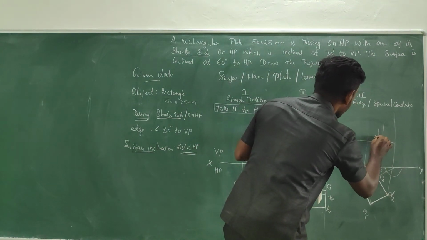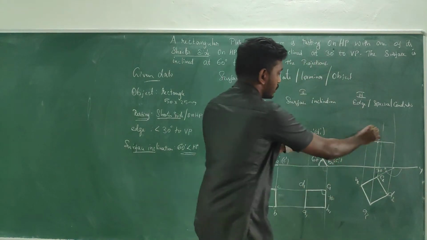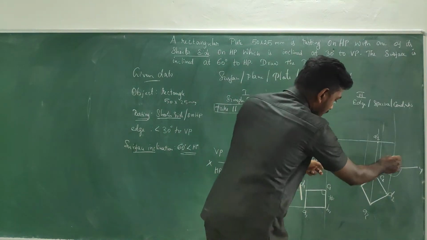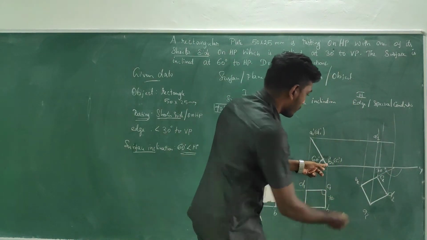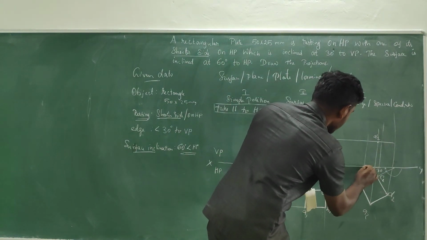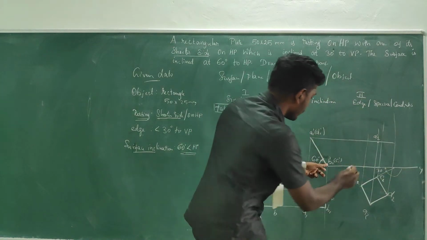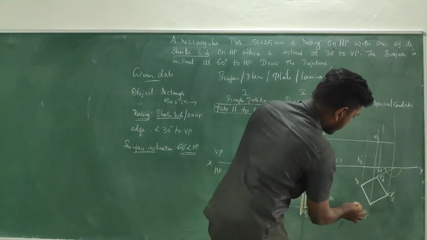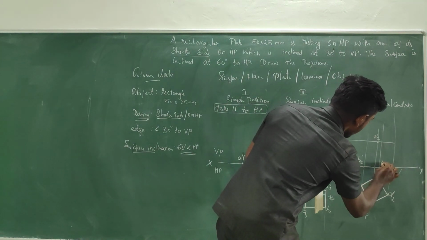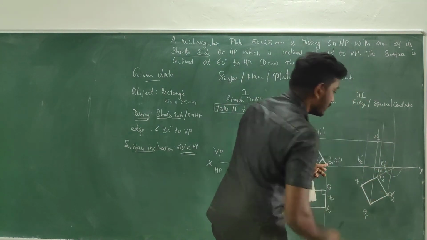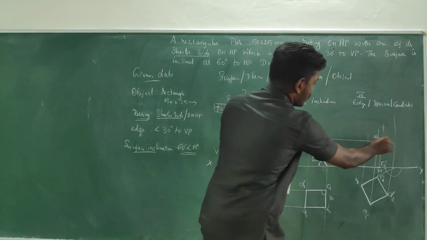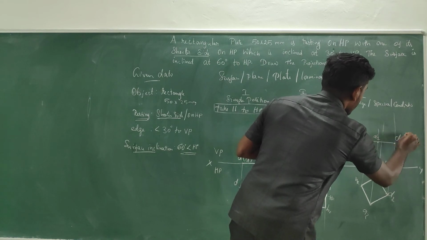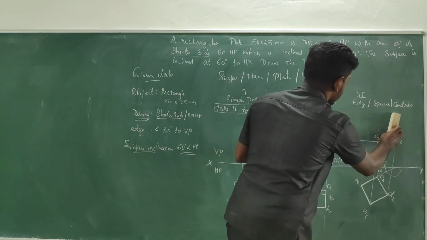So this would be your A2 dash, and then B horizontal is here, and here is the B vertical, right? So you simply intersect at this point. So this becomes B2 dash. Where is C horizontal, and here is the vertical. So this becomes C2 dash, and D horizontal and vertical. So this would become D2 dash.